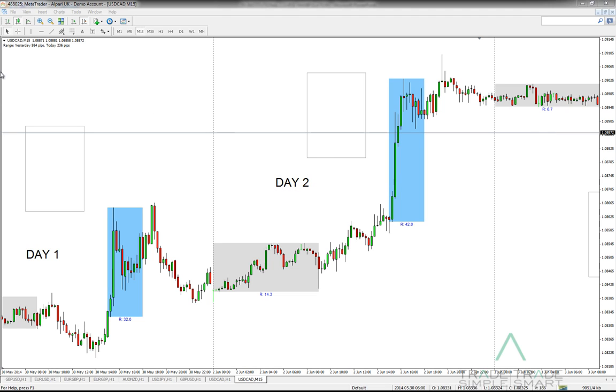So the first thing we're going to do is mark out the lows or the support of the Japanese session. Okay, because we now know that if price breaks this level, we're going to have an influx of sellers into the market where smart money can buy into this pressure.